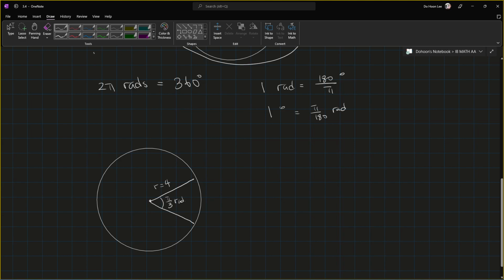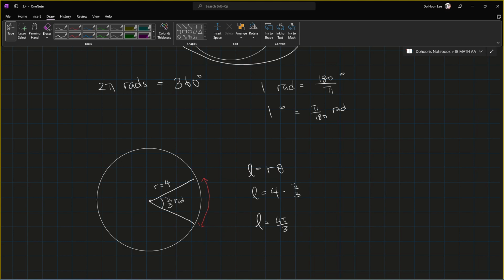To find the length of an arc, we're going to use the formula L equals r theta, where theta is the angle in radian. Well, L equals 4 times pi over 3. So L is 4 pi over 3. Straightforward, right?